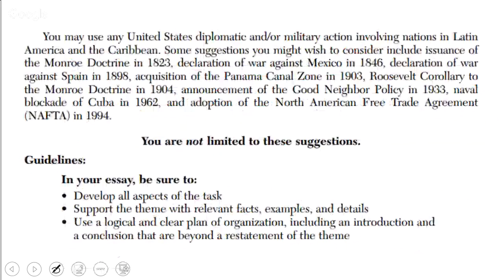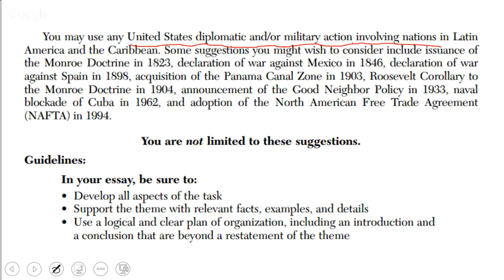So here, they always give you some ideas, some suggestions. They say you may use any United States diplomatic or military action involving nations in Latin America and the Caribbean.